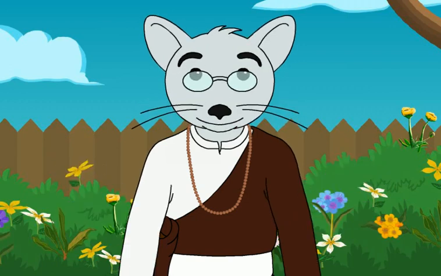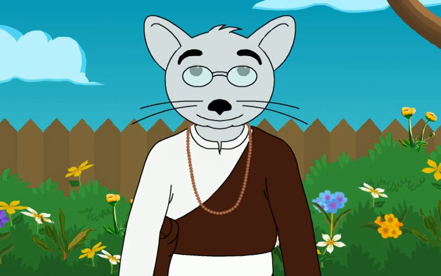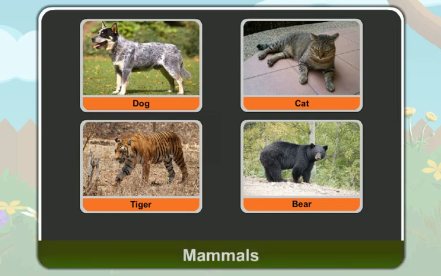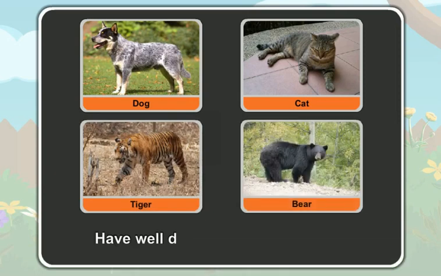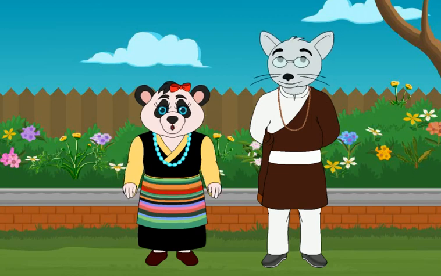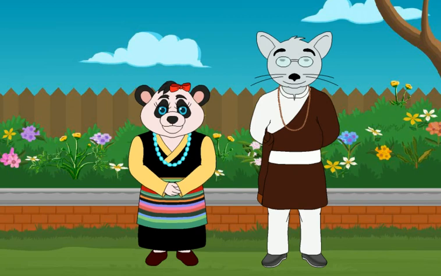All of your body systems are well developed. Like human beings, the mammals like dog, cat, tiger, bear also have well developed body systems. So, all the mammals have highly developed body systems.